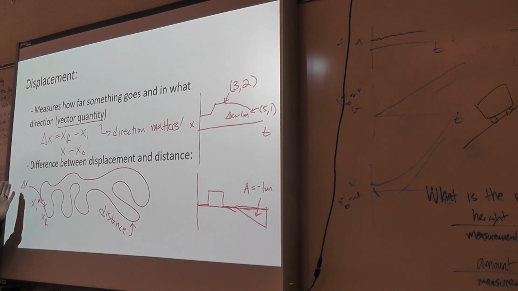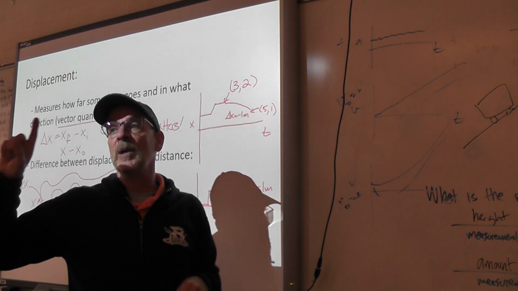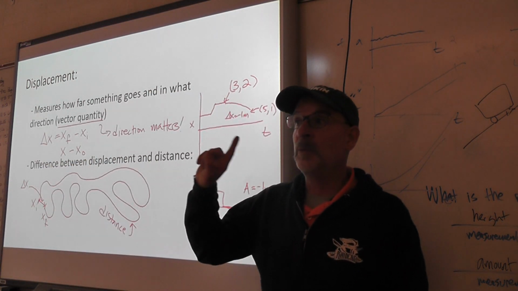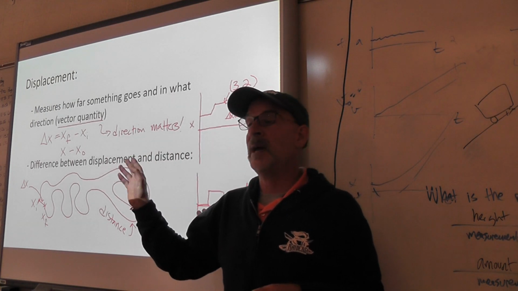Those of you who remember your Cartesian angles, this looks like about -20 degrees on a standard Cartesian coordinate plane. So your displacement and your distance aren't always the same. They will be the same if you're moving 1-dimensionally in one direction. Then your distance and displacement will always be mathematically the same.